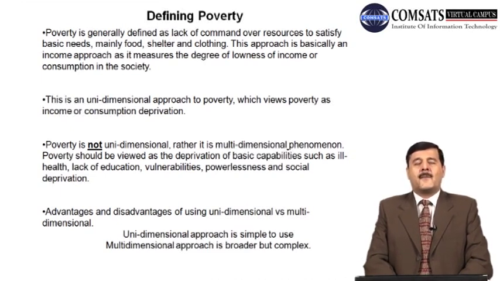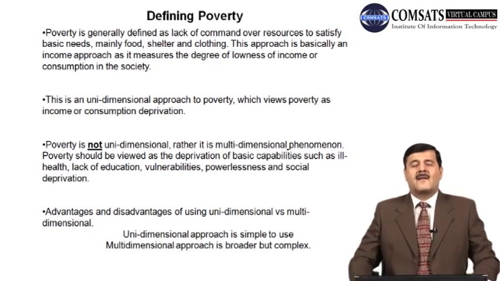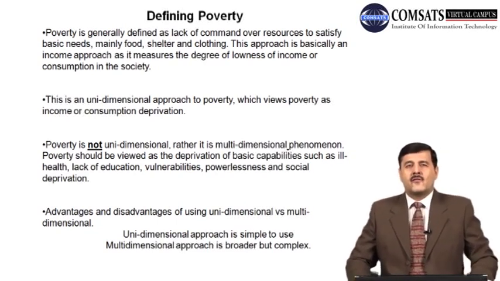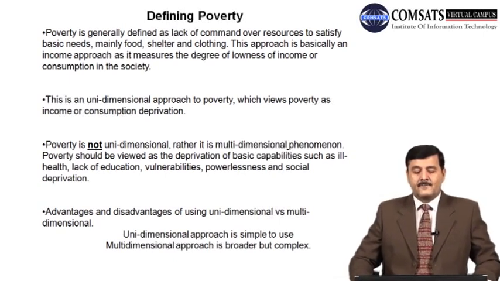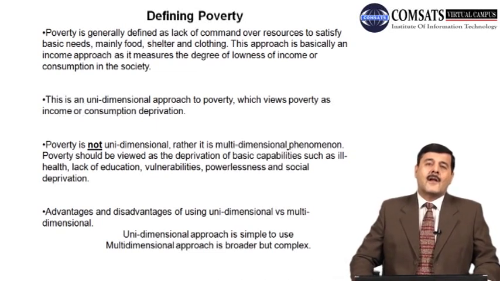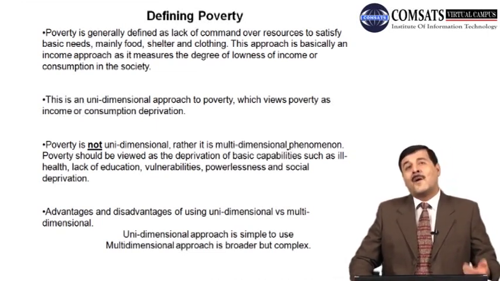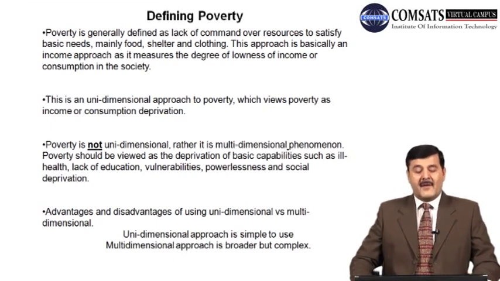If the people are deprived of consumption or income, then this is known as a unidimensional approach to poverty. Poverty is not a unidimensional approach, it is a multidimensional phenomenon.